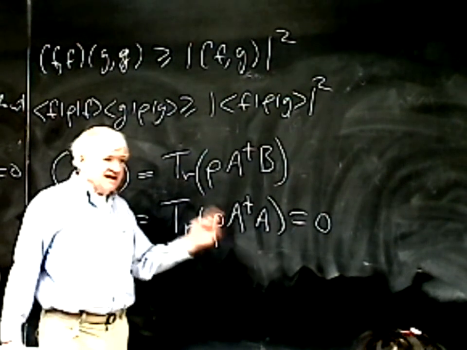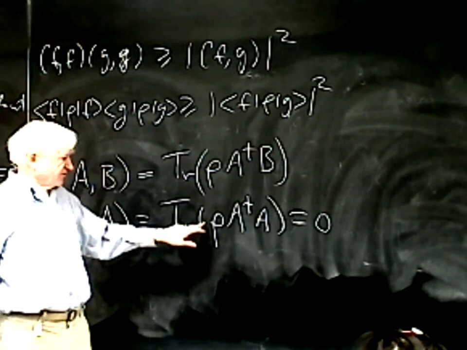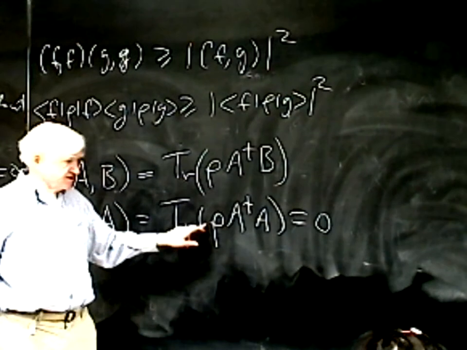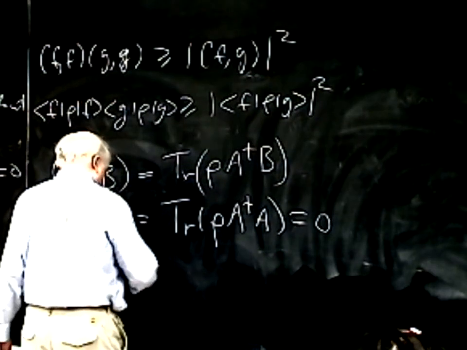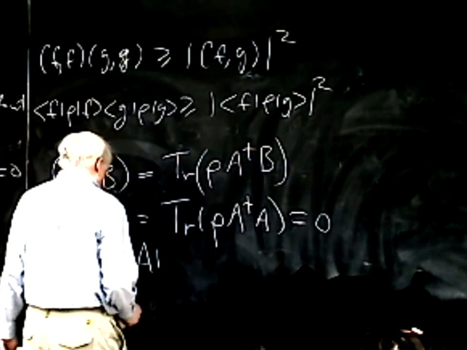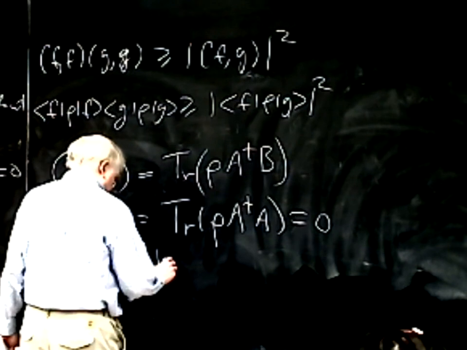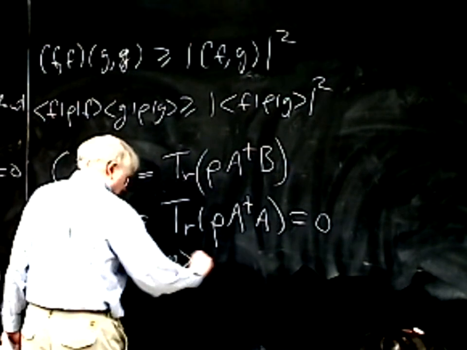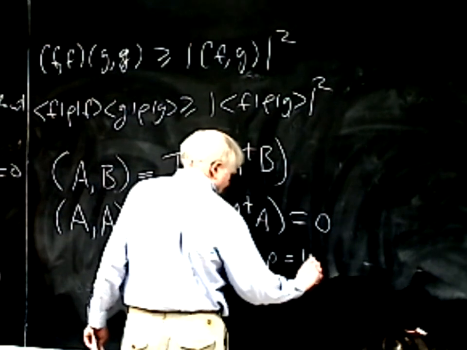So A dagger A has non-negative eigenvalues, but it could have a 0 eigenvalue. Suppose, in other words, A on M equals 0. Then let rho be the outer product of M with M.